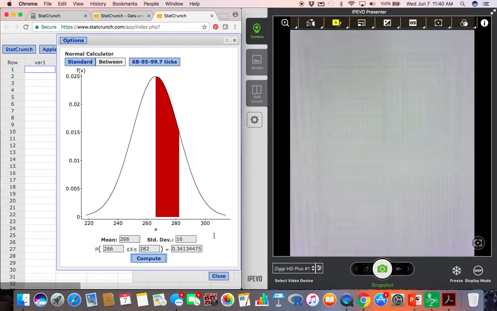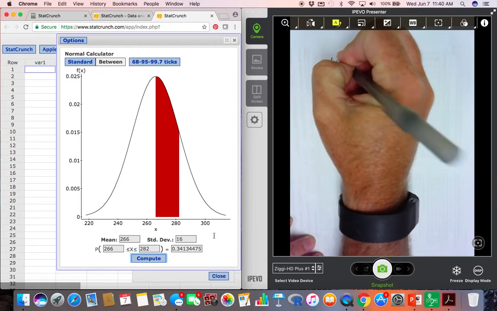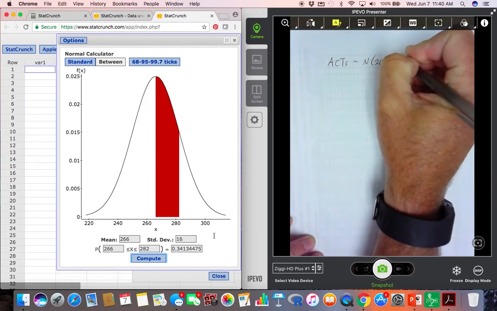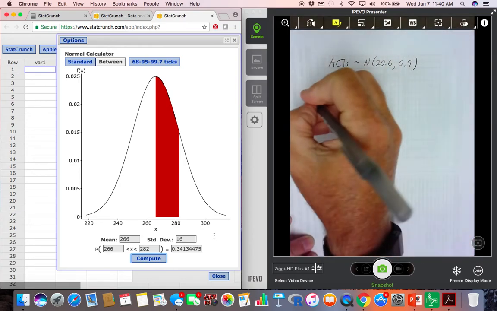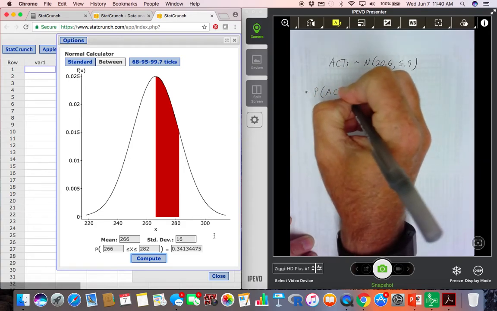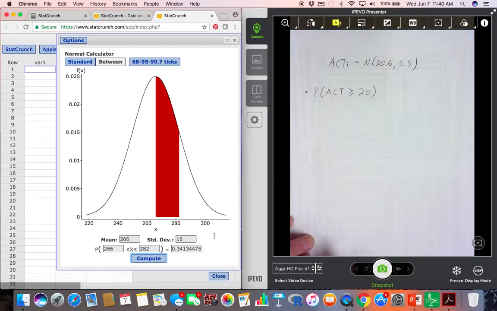All right, so let's just get a completely different problem here. ACT scores form a normal distribution, mean 20.6, standard deviation 5.9. What's the probability that we get an ACT score greater than or equal to 20? Well, guys, that's going to be hard to do without technology.